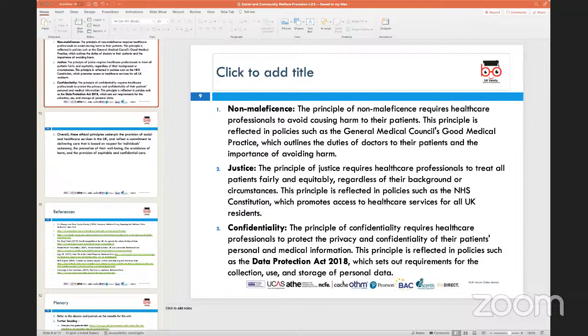But if this happens, the doctors or the surgeons in this example have to ensure that they have interpreted the information and the circumstances of the patient fairly.